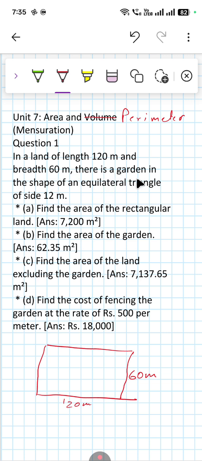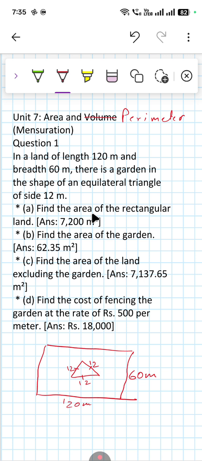In this land there is a garden in the shape of an equilateral triangle. Equilateral means all the sides are equal and each side is 12 meter. This is 12, this is also 12, and this is also 12.